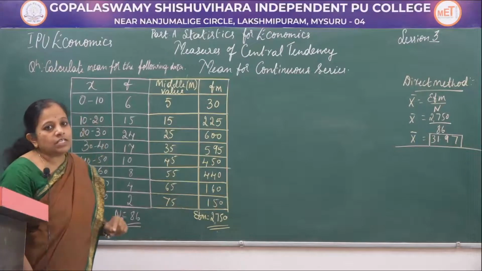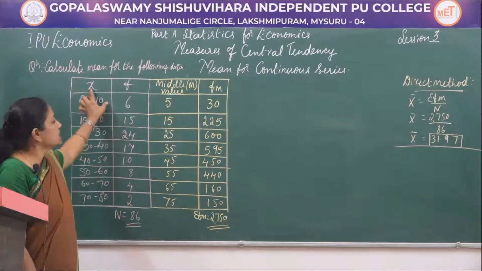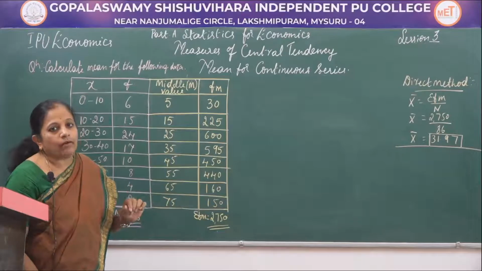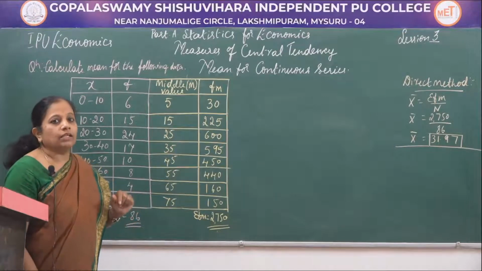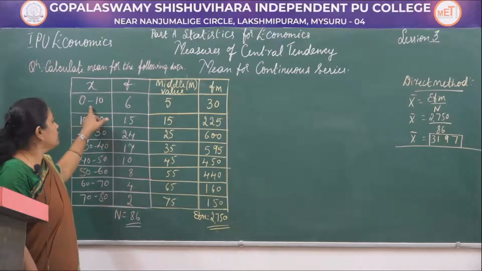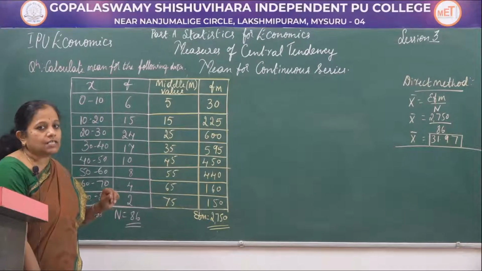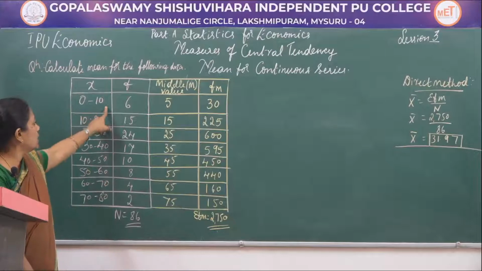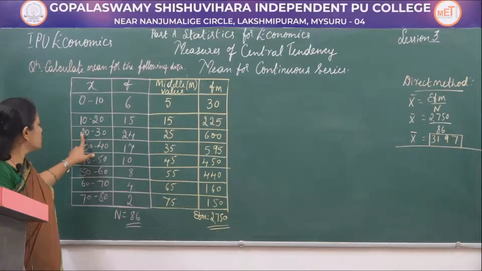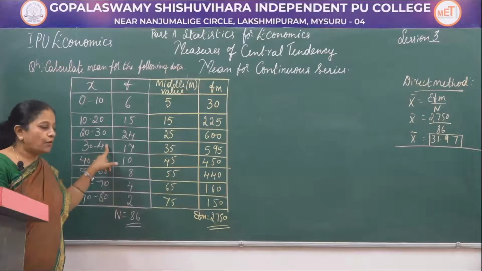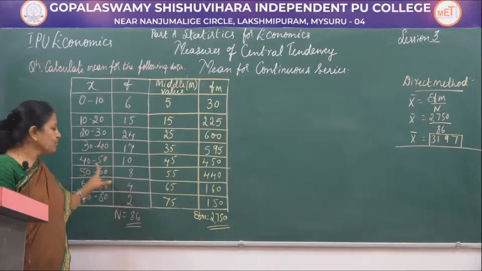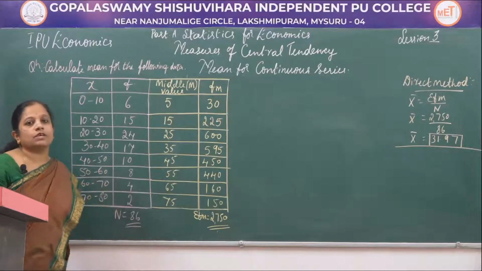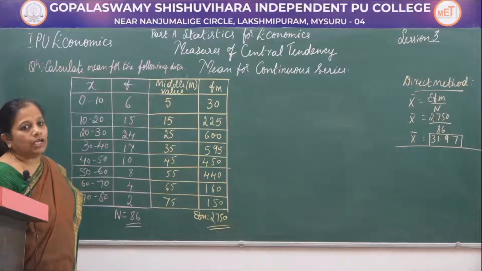In the case of discrete series, in the section of X we have individual numbers, but in the continuous series, we call them class intervals. In this particular sum they have given 0 to 10, 10 to 20, 20 to 30, 30 to 40, 40 to 50, 50 to 60, 60 to 70 and 70 to 80.